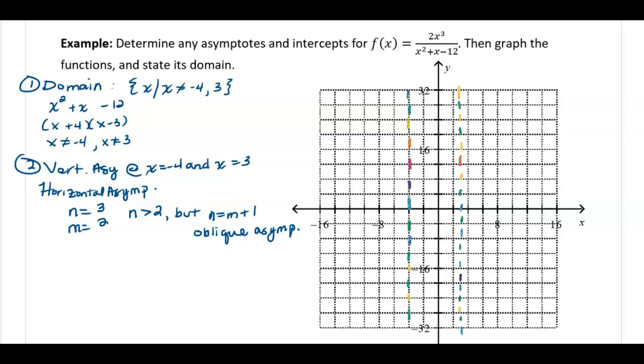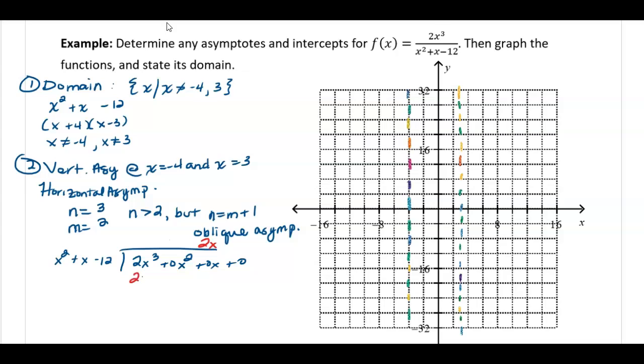So we take our x squared plus x minus 12. We're going to see how much it goes into 2x cubed plus 0x squared plus 0x plus 0. So we know this becomes 2x right here.